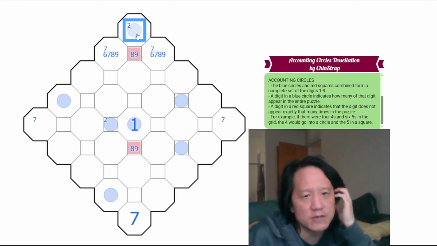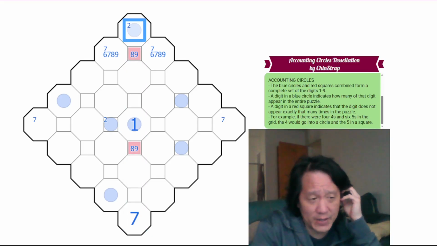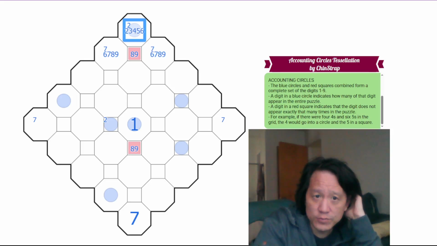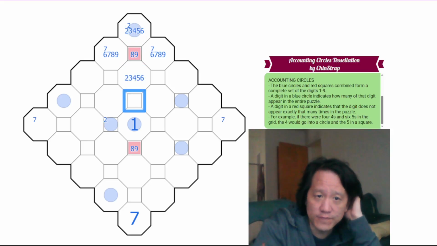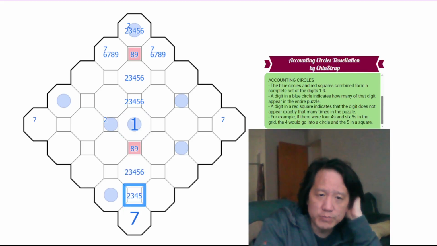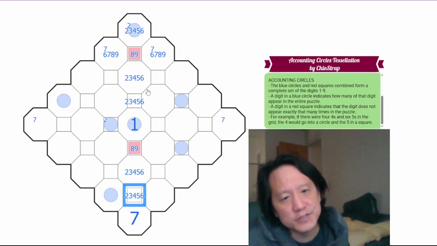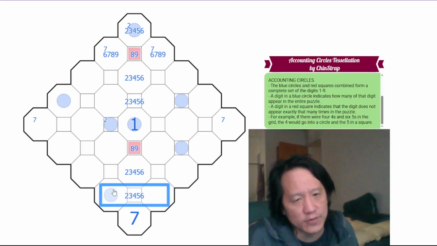So this is guaranteed to not be 8 or 9. We have 2 through 6 here in column 5. Which means we're missing, and this can't be 7.